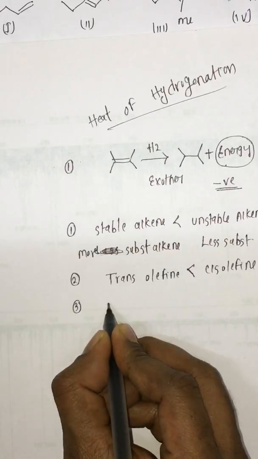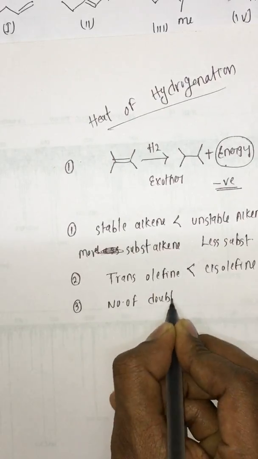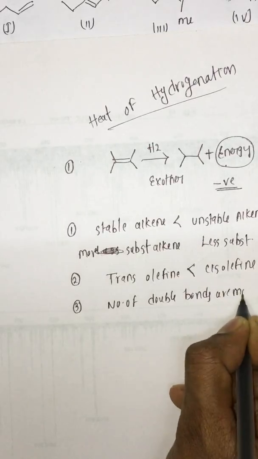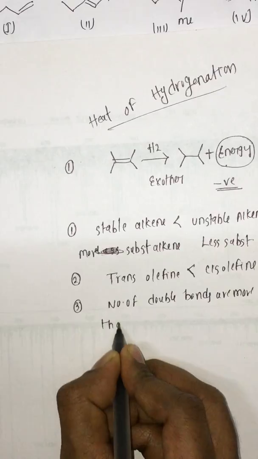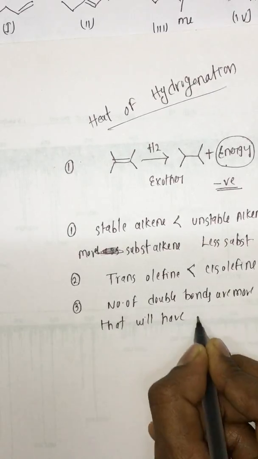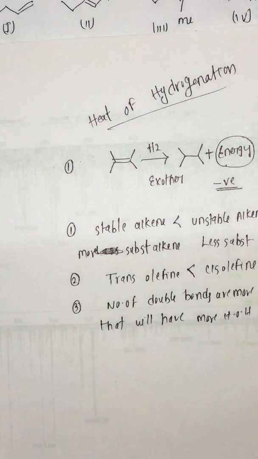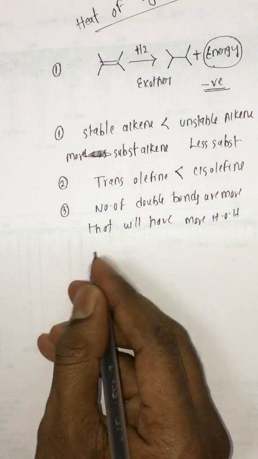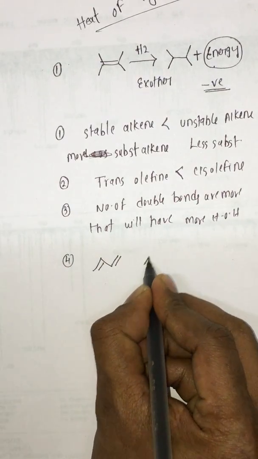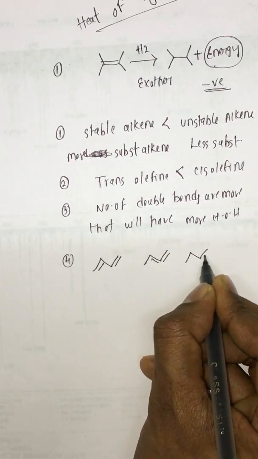Third point, if the number of double bonds is more, that will have more heat of hydrogenation. And we can also see we have 3 systems. This is called conjugated system, this is called cumulated system, and this is called isolated system.